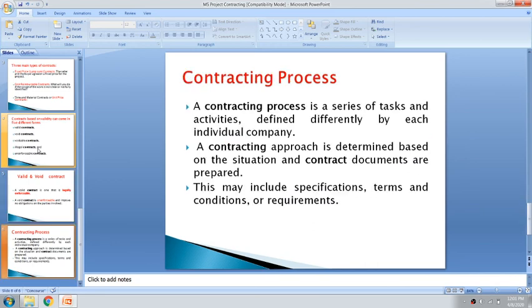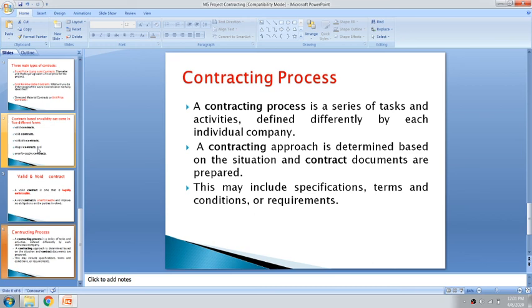Now, coming to the contracting process. A contract is signed between the buyer and the seller, the owner and the contractor. What is the process that we call the contracting process? It is a series of tasks and activities defined differently by each individual organization.